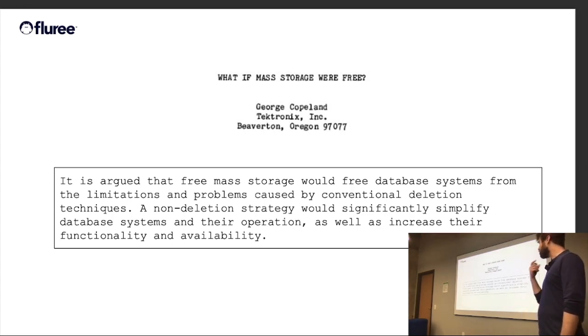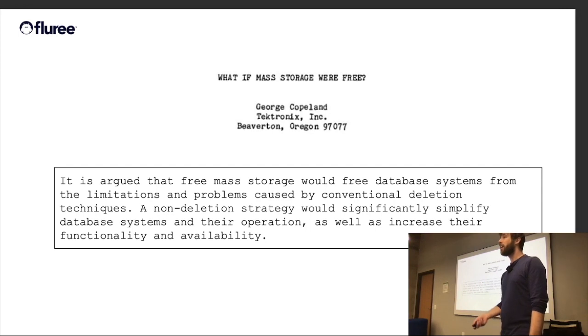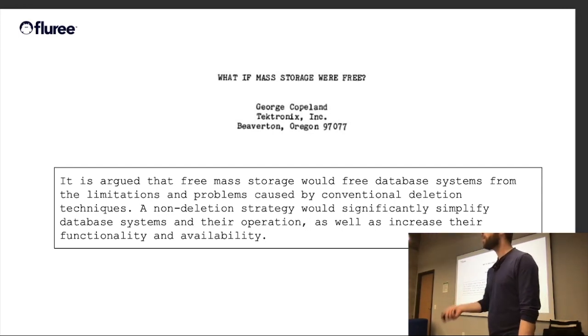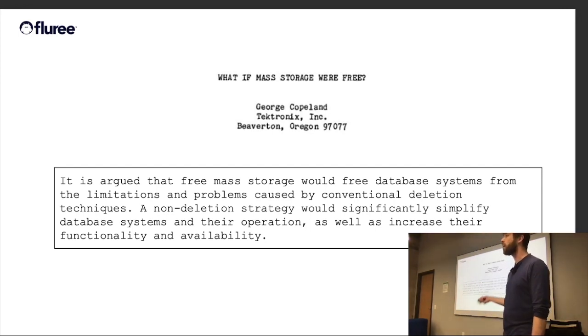A non-deletion strategy would significantly simplify database systems and their operation, as well as increase their functionality and availability. And this whole paper is about how we have to jump through so many hoops in order to use our precious disk space efficiently.